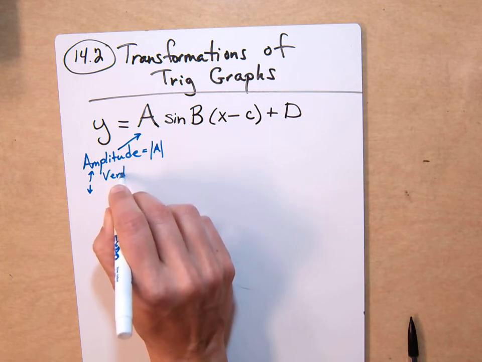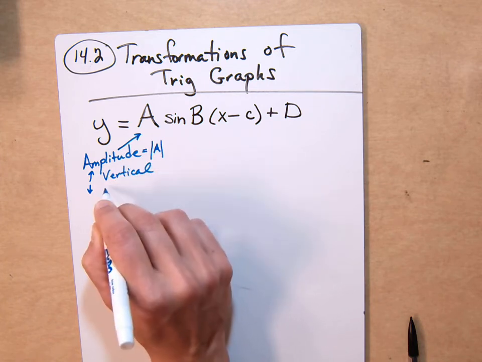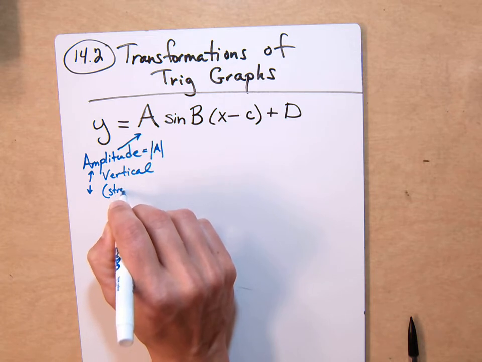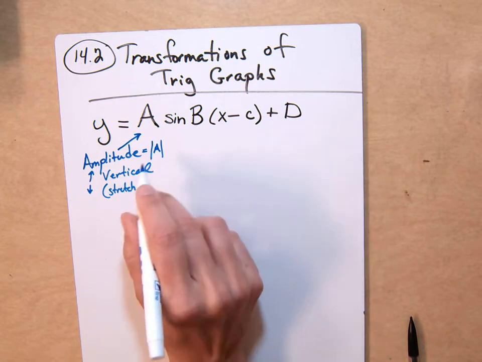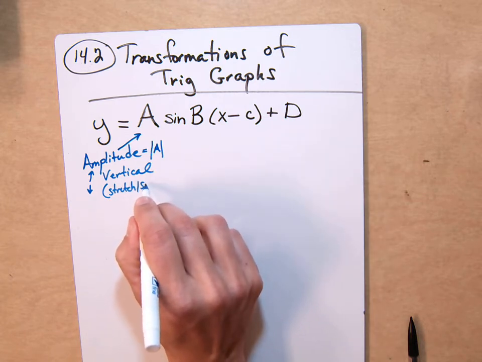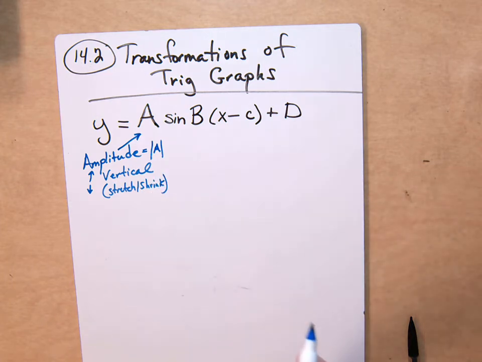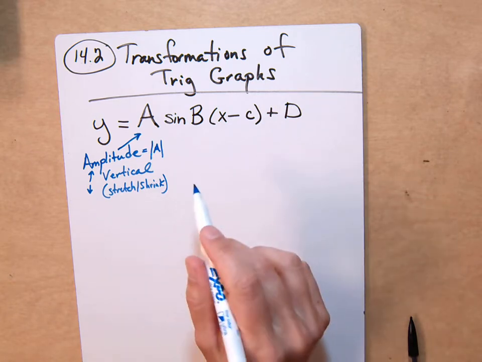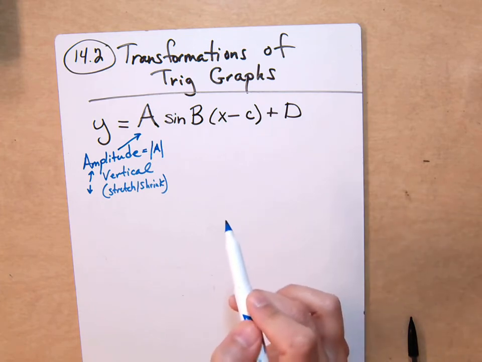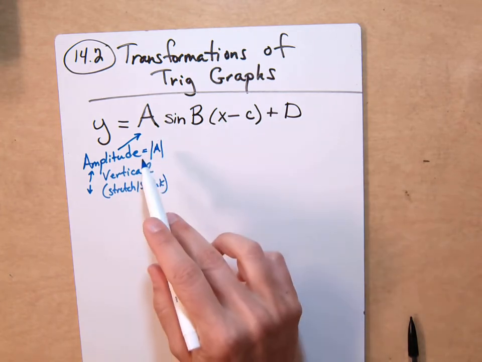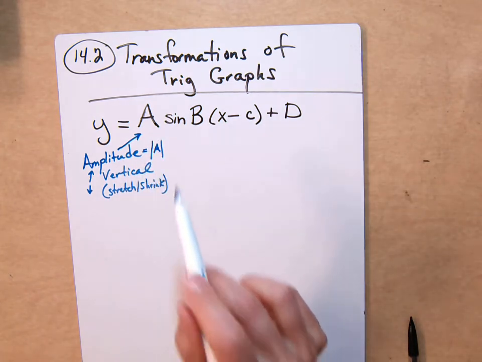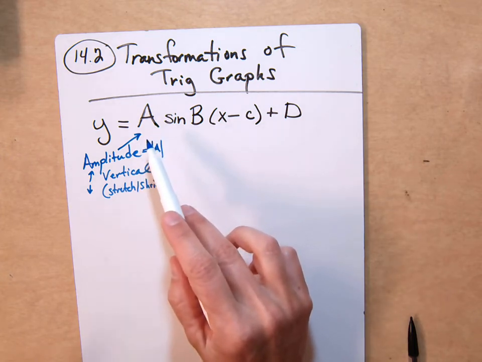So it's your vertical stretch or shrink of the wave. If the number is small, you are shrinking it down, and if it is big, you are stretching it. A is not the amplitude, it's the absolute value. So even if A is -3, the amplitude is just 3.